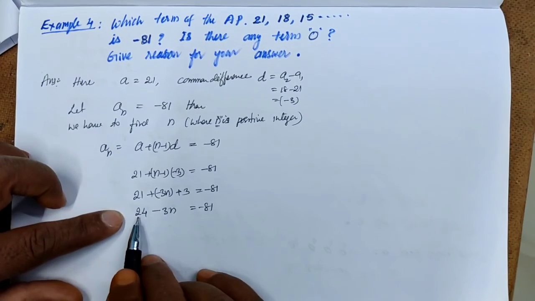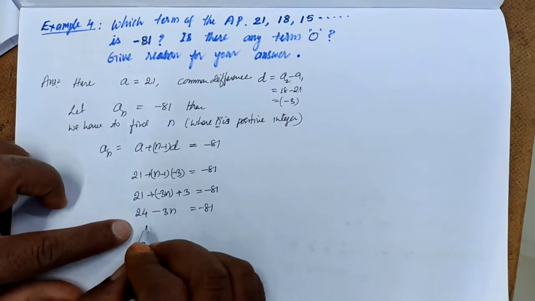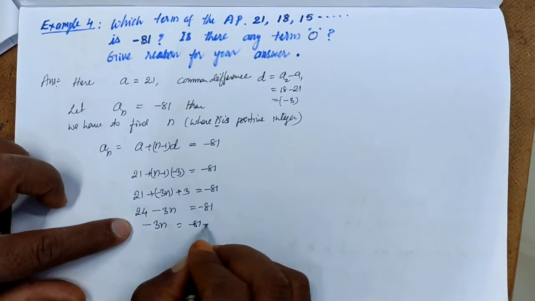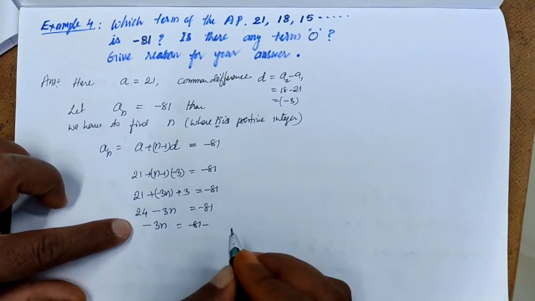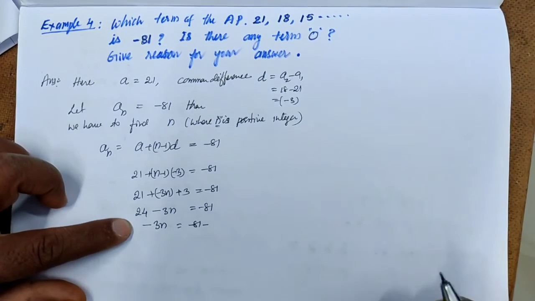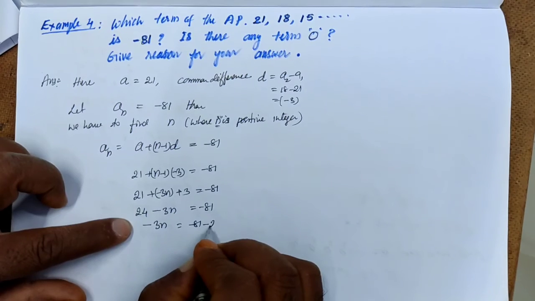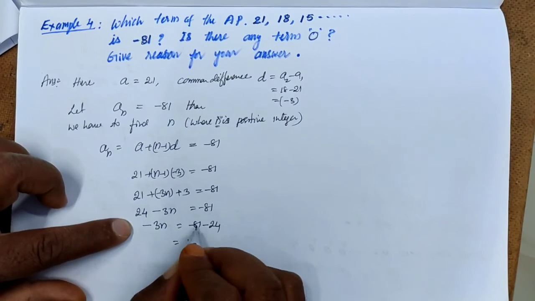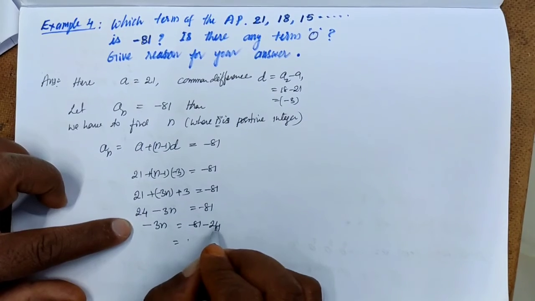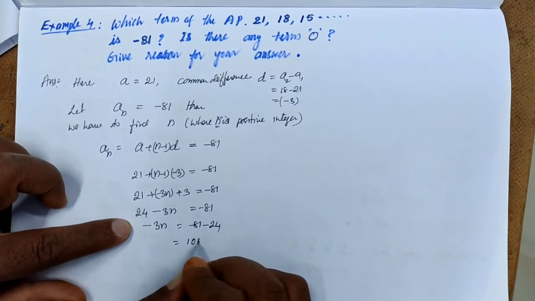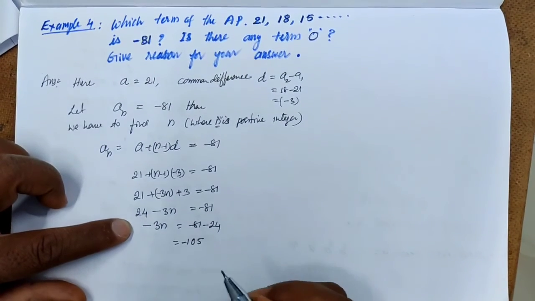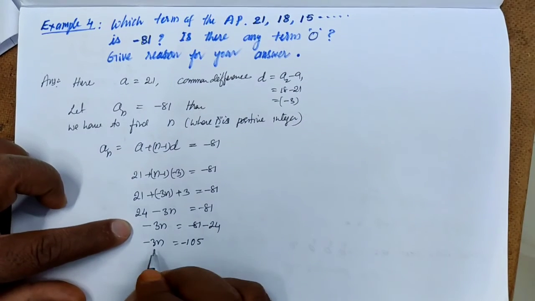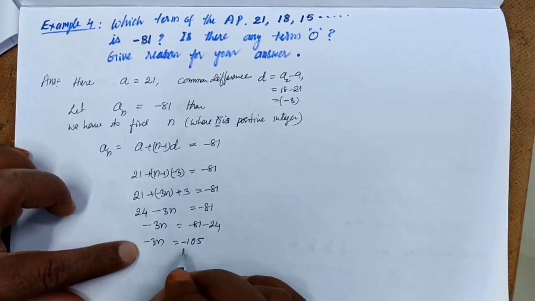Now transpose this 24 to that side. Minus 3n is equal to minus 81, and this plus 24 will become minus 24 when we transpose to the right side. And how much is it? Minus 81 and minus 24, it is minus 105. So minus 3n is equal to minus 105.